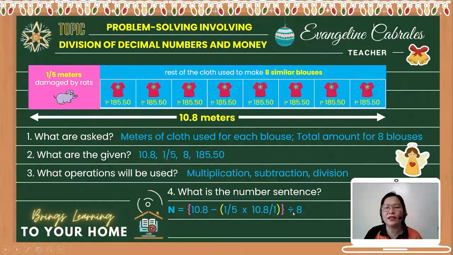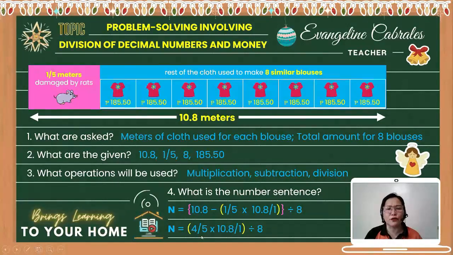And then, i-divide sa 8 dahil yun yung bilang ng blouse na gawa mula doon sa natirang tela. So, this number sentence is the number sentence for the first question, yung meters of cloth used for each blouse. And, do you know na may isa pang number sentence na pwedeng gamitin para dito sa meters of cloth used for each blouse? Ito yon.